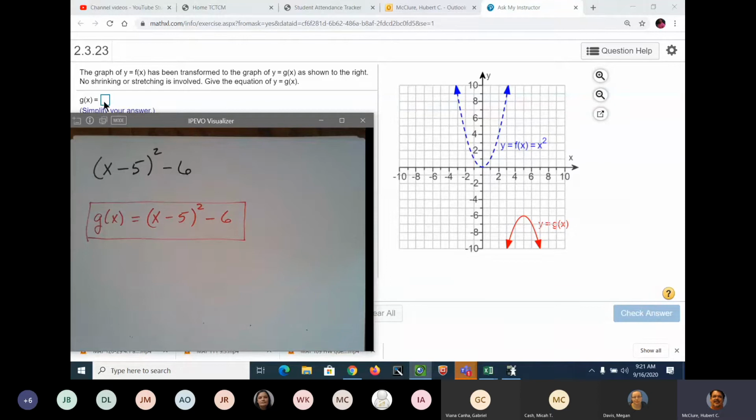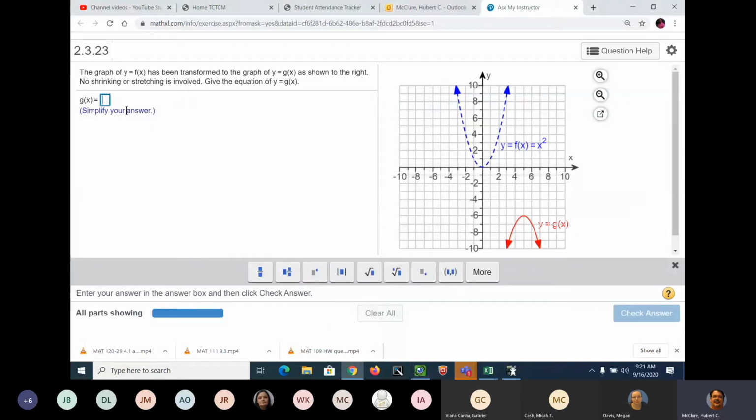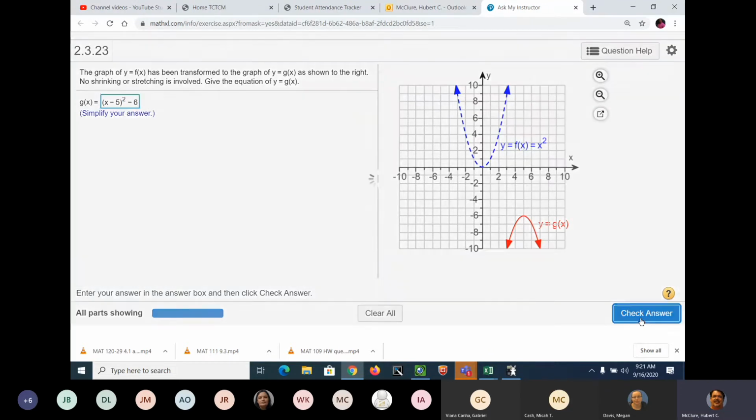So let's type it in and see if we're right. X minus 5 quantity squared minus 6. And we feel good about ourselves. Ooh, I got it wrong. Let's see what their answer is.